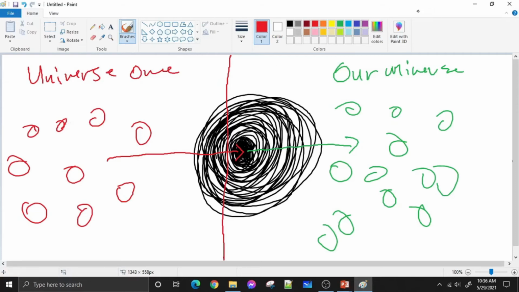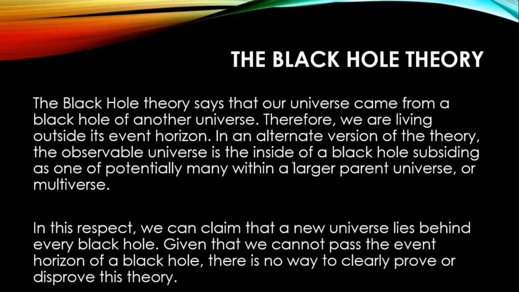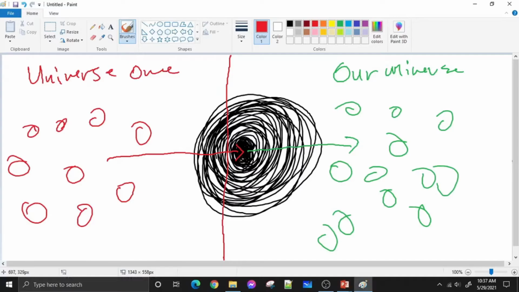So in this theory, in an alternate version of the theory, the observable universe is the inside of a black hole, residing as one of the potential many within a larger parent universe or a multiverse.